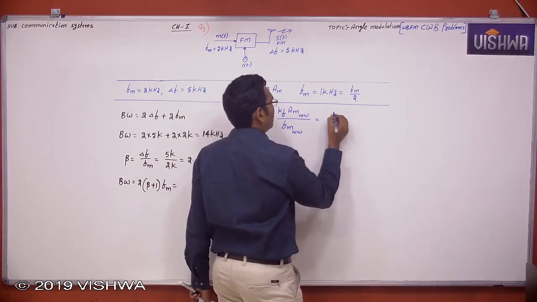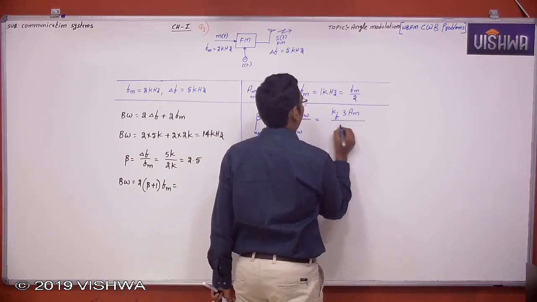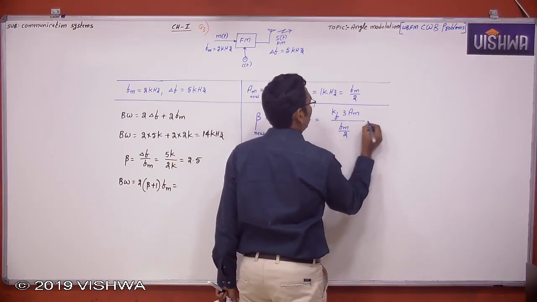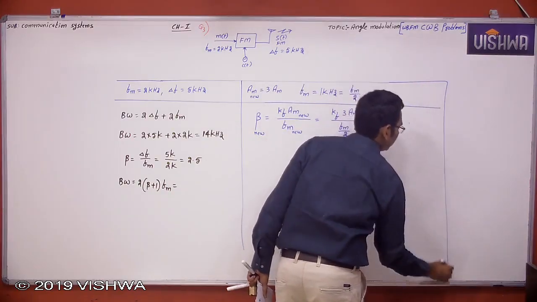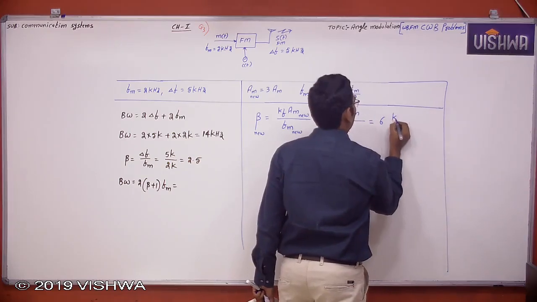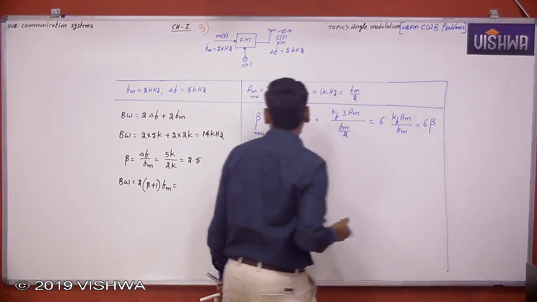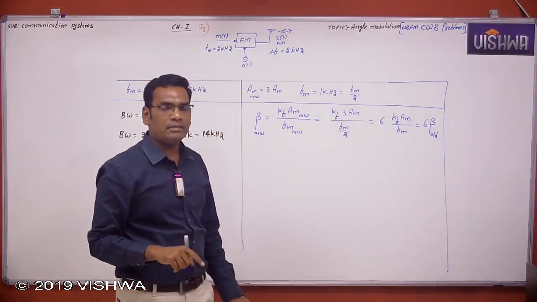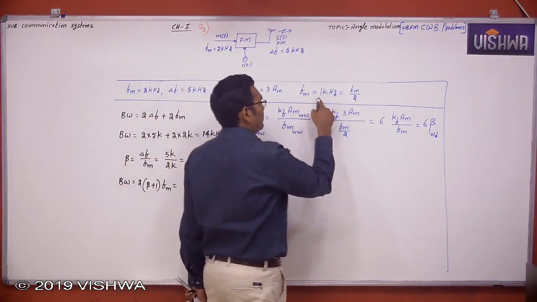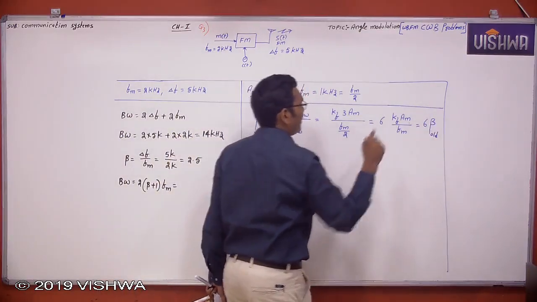Now with 3 Am and Fm by 2, it is equal to 6 into Kf Am by Fm, which is 6 into beta old. Which means that when the message signal amplitude is increased by a factor of 3 times and the message signal frequency is decreased by a factor of 2 times, the modulation index is increased by a factor of 6 times.